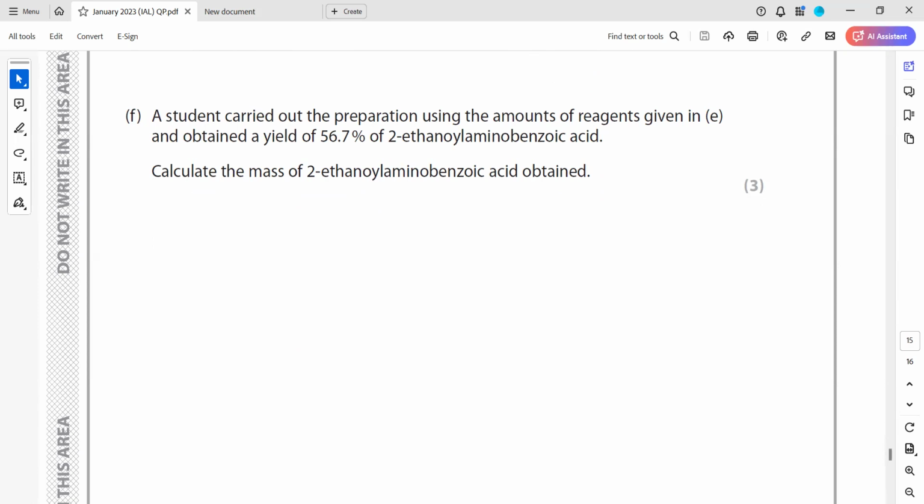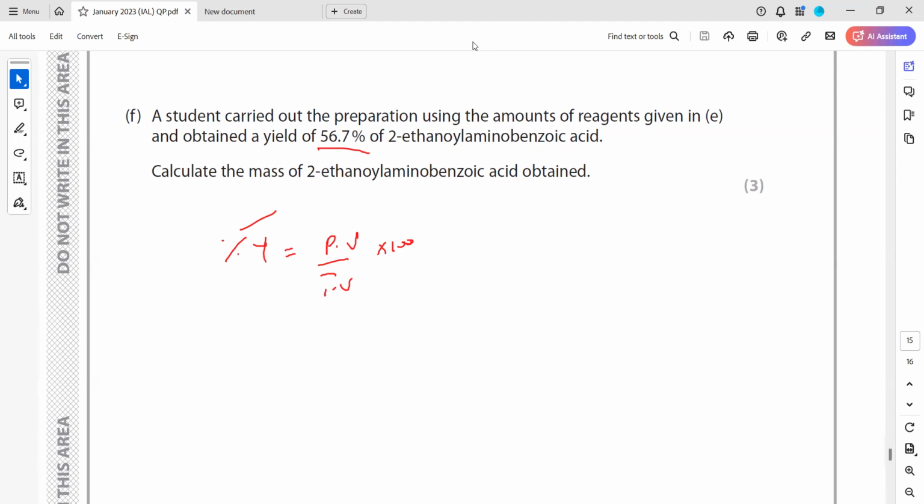We have the formula for percentage yield. What is percentage yield? Percentage yield is the practical value divided by the theoretical value, multiplied by 100. So the percentage yield is only 56.7.